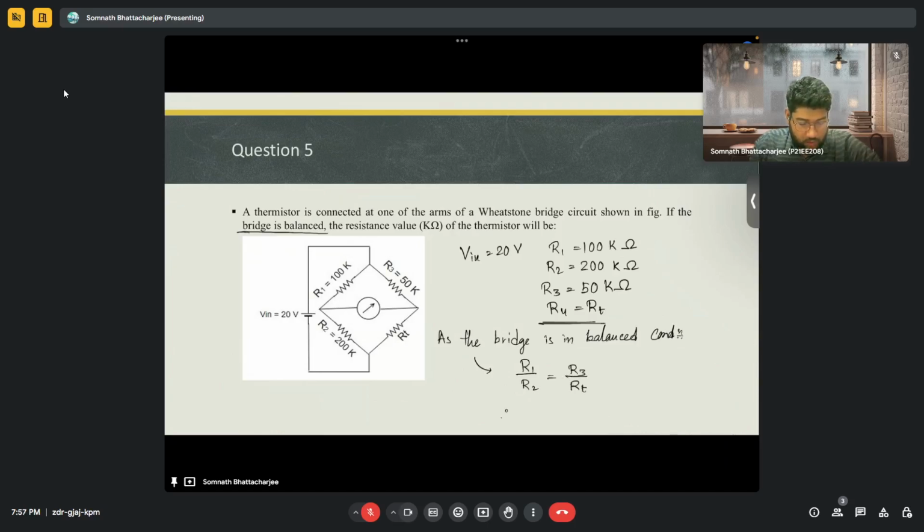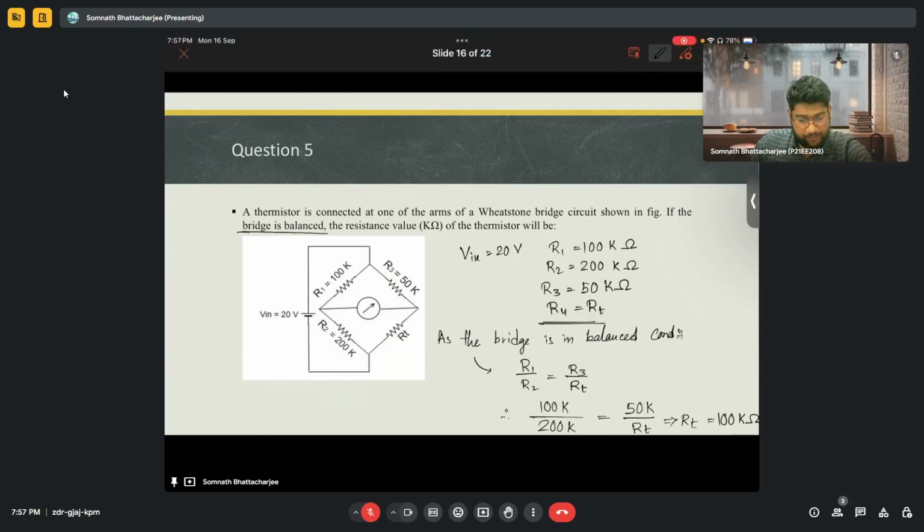So we know the value of R1, that is 100k, divided by R2, that is 200k, equals R3, which is 50k, divided by RT. So the value of RT will be how much? That will be 100k as well. The value will be 100k.